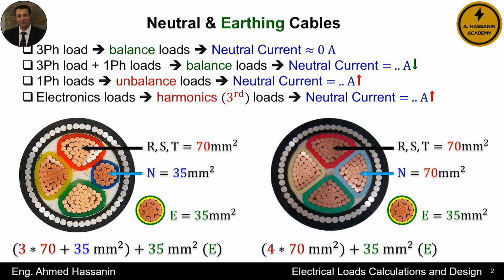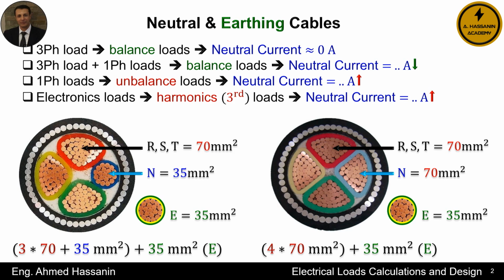In this case, the configuration on the left side is suitable, where the neutral conductor has half the cross-section area of the phase conductors, 70 square millimeters for R, S, and T, and 35 square millimeters for the neutral and earthing conductor. Second, if the loads include single-phase or electronic loads, these loads can create an unbalanced system or generate harmonic currents, particularly the third harmonic, which accumulates in the neutral.